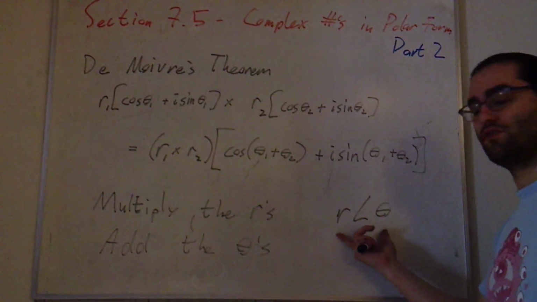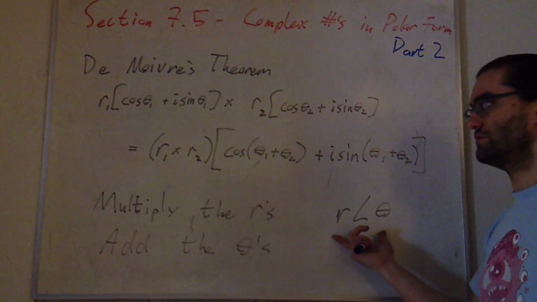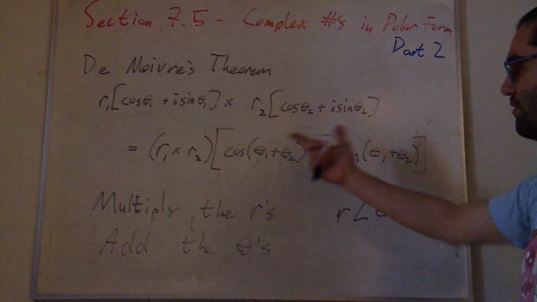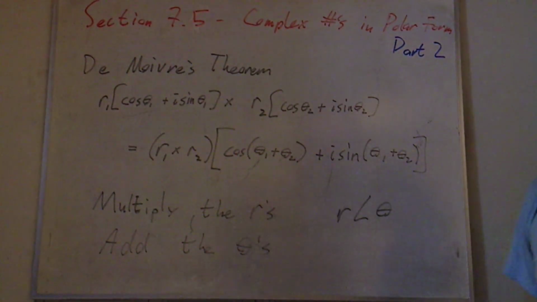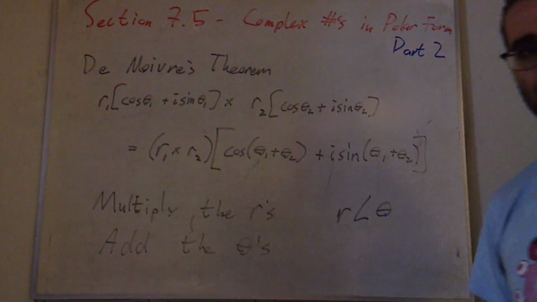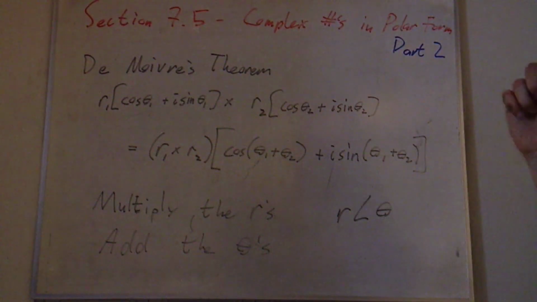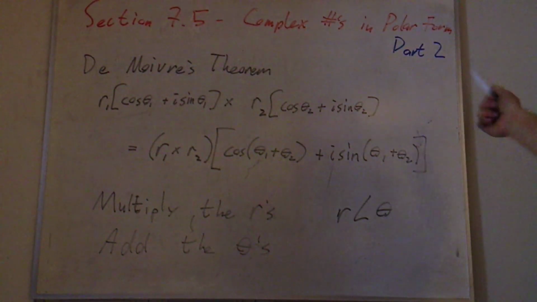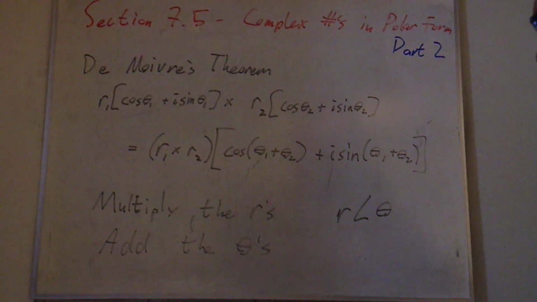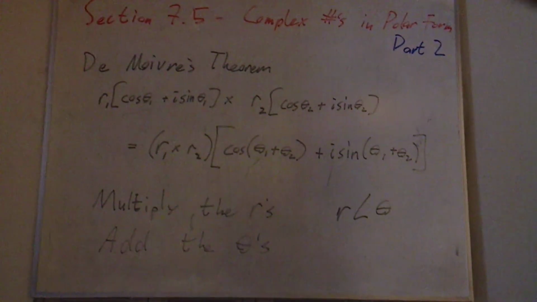This will save you an enormous amount of work ultimately if you can just put these in polar form and use de Moivre's theorem to combine them. So that's it for this video. Part 3 is going to involve a handful more examples of each of these things, and then that'll be it. We'll be done with videos. Exciting.